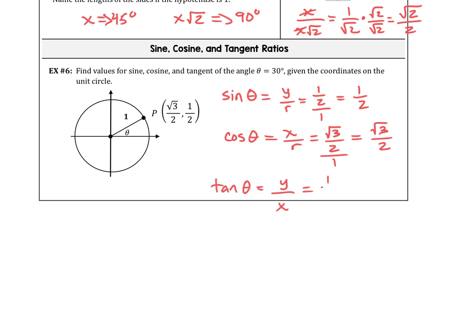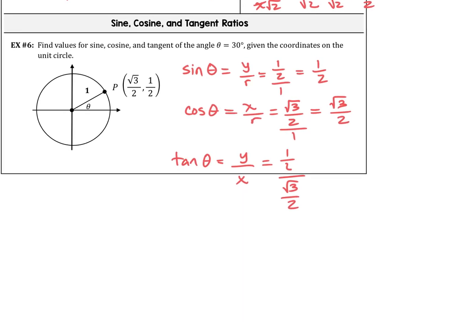So y is 1/2. x is root 3 over 2. Remember, when you divide fractions, you keep, change, flip, multiply by the reciprocal. So we're going to multiply by 2 over root 3. The 2's cancel, and we get 1 over root 3. But we've got to rationalize that denominator. And so really, the tangent is root 3 over 3.